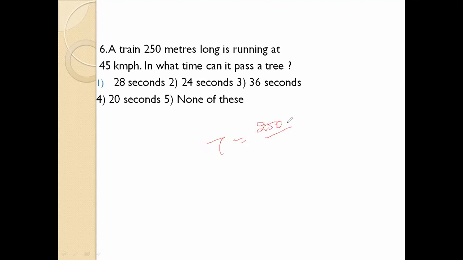So 250 divided by speed 45. We convert this speed to meter per second by multiplying with 5 by 18. Simplifying, 10 into 2 is 20. 20 seconds. Option number 4 is the right answer.